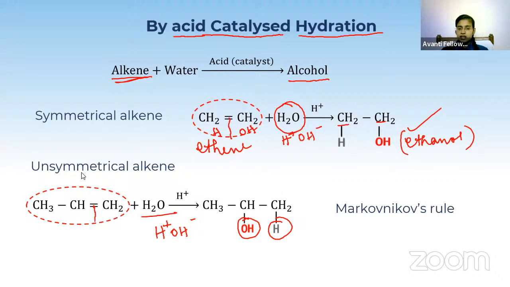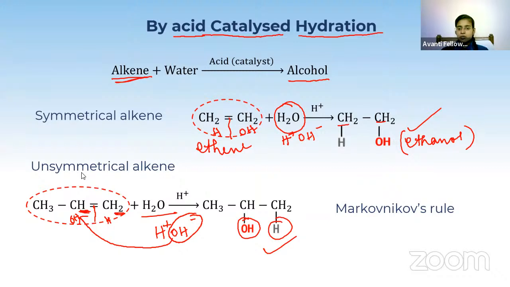Here we have only one hydrogen and here two hydrogens. So the negative part of the addition molecule has to go to the carbon which has the lesser number of hydrogen atoms. That is called Markovnikov's rule. We are following that rule, and that's why OH is added here and H is added here to give this product.